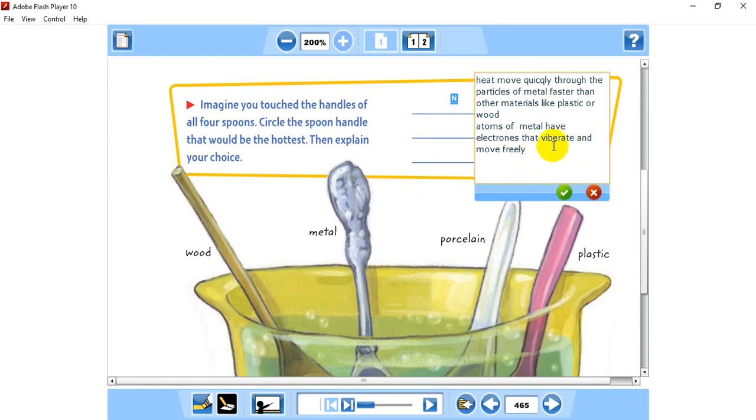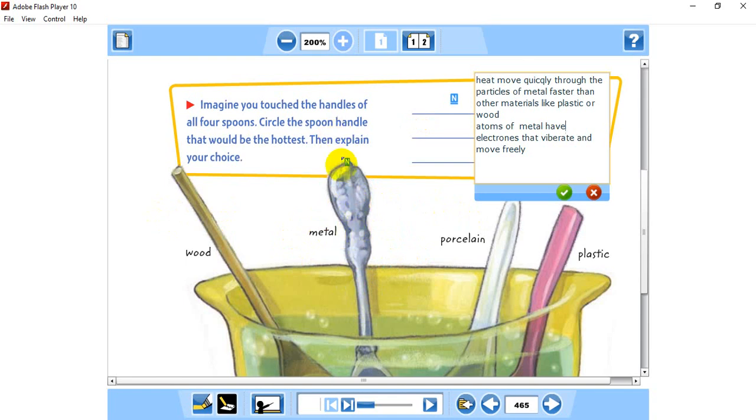For that reason the particles here move fast or vibrate faster than the wood and porcelain or plastic, okay, guys. This is what we mean. For that reason we find that all of them are solids, but this one is the conductor, because the heat moves faster here.